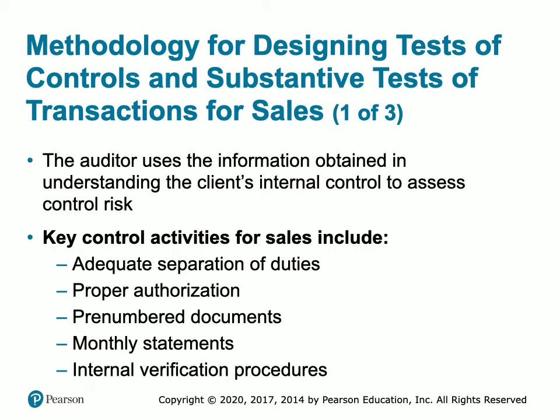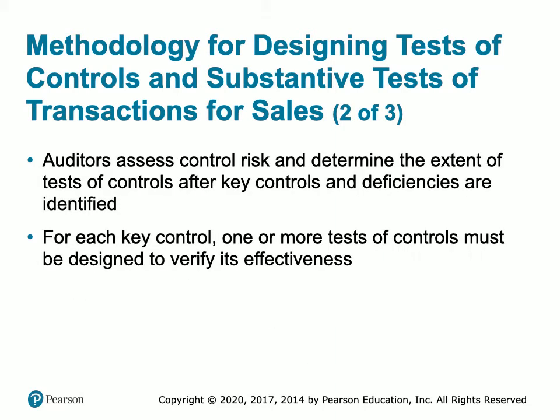It's all about how customers pay the client. And ultimately, once we get into the confirmation process, what's the easiest for the customer to confirm when you're sending out confirmations? And what kind of internal verification procedures does the company have?